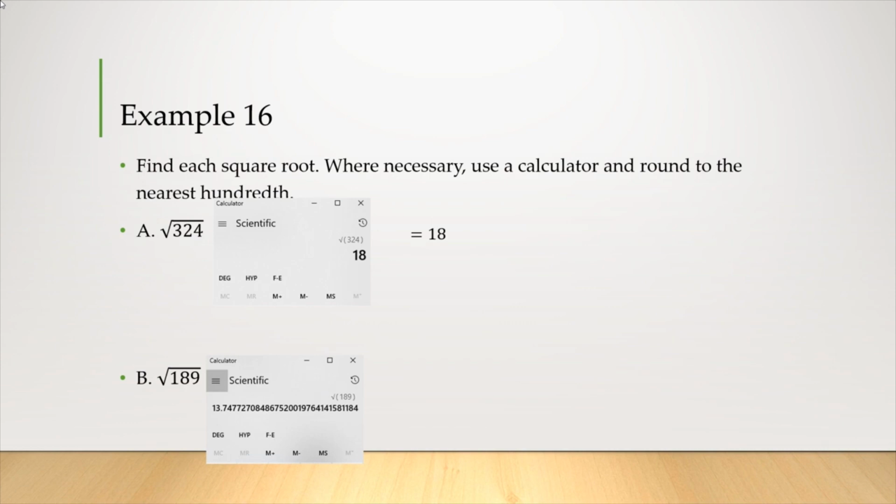Notice that it doesn't repeat, and with these decimals, they're not going to repeat if there is one. So you'd round to the hundredths place. So that 7 in the thousandths place tells you to round up. So that would be approximately 13 and 75 hundredths.